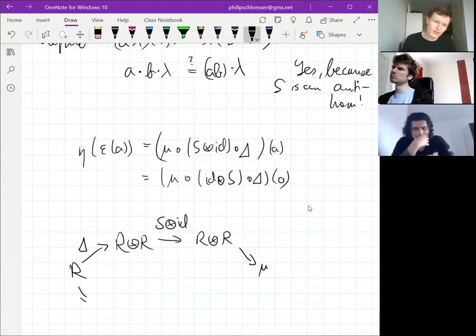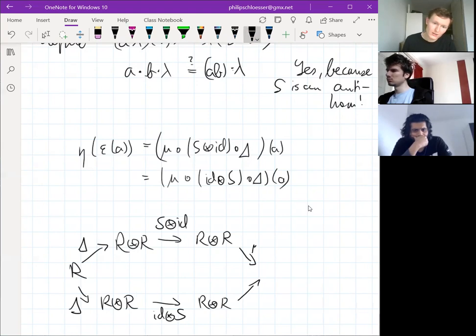Or alternatively, if we split up, then apply our map S on the other side, and then multiply again. We should get the same as if we just mapped to C and then included that thing into R again.